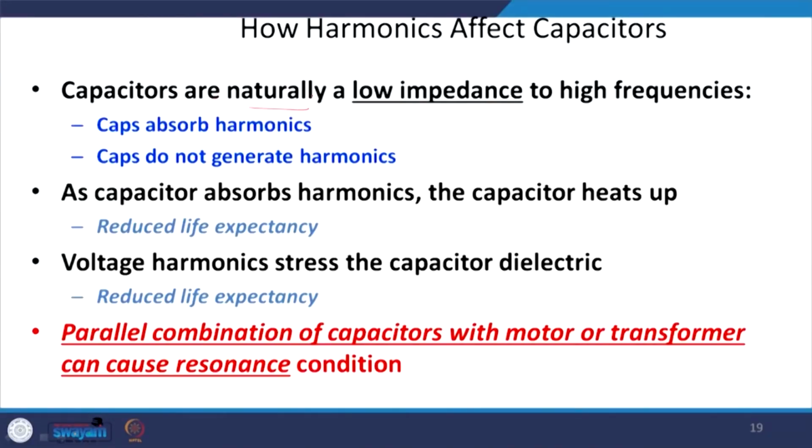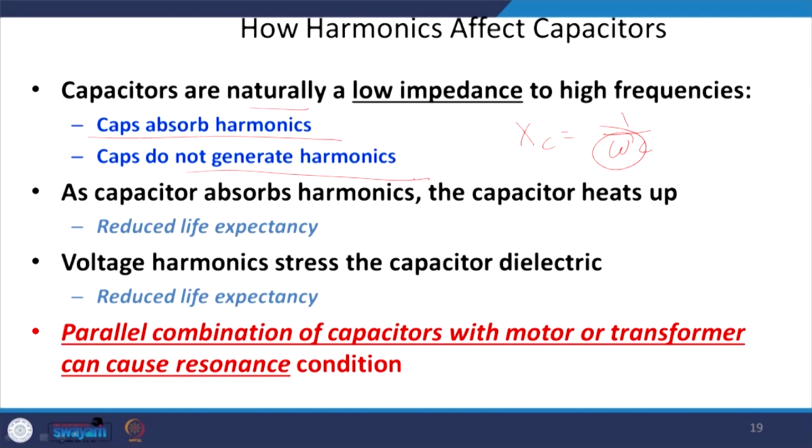So, how do the harmonics affect the capacitor? Capacitors are naturally, because Xc equal to 1 by omega c, so higher is the omega, lower is the impedance. The capacitors naturally present a low impedance to high frequencies, and thus the capacitor absorbs the high frequencies. Capacitors do not generate harmonics, so there is an advantage of it.